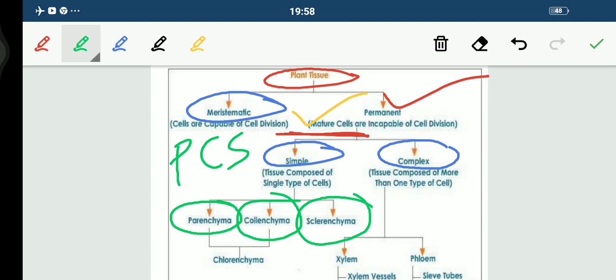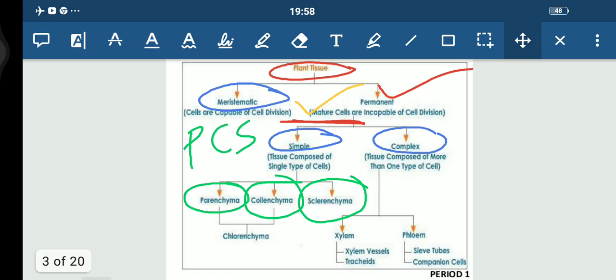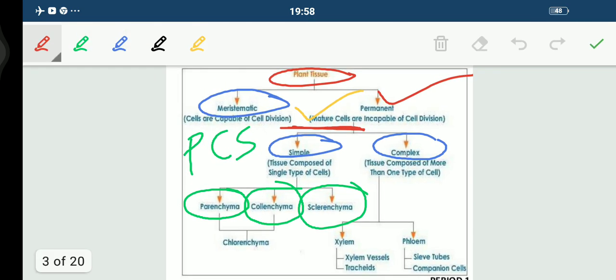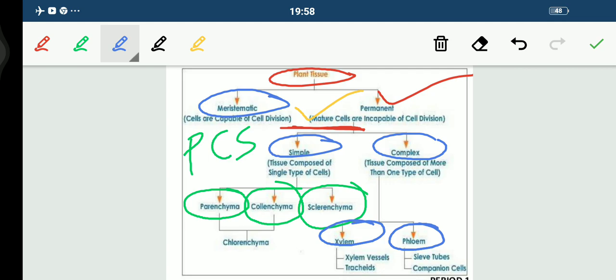Now talking about the complex one, students, it is further divided into two categories. The first one is the xylem, right? And another one is the phloem. You must have studied these two terms in your previous classes, students. You know the function of xylem and the function of phloem, right?